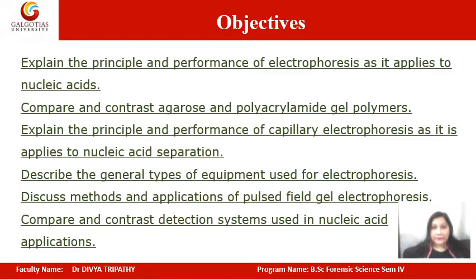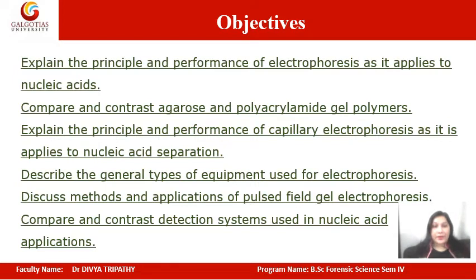Now, what are the objectives, or you can say the learning outcomes, of this lecture? After the end of this lecture, you will be able to explain the principle and performance of electrophoresis as it applies to nucleic acids. You will be able to compare and contrast agarose and polyacrylamide gel polymers.